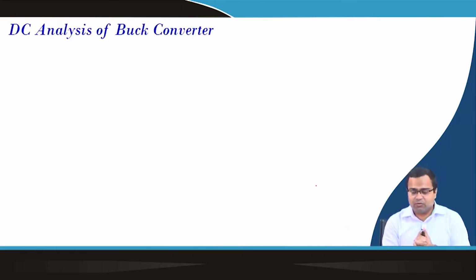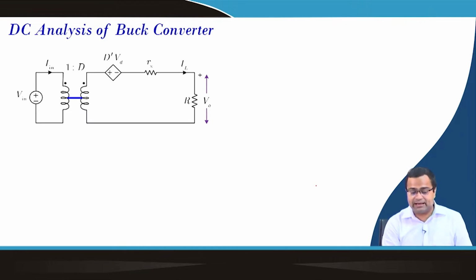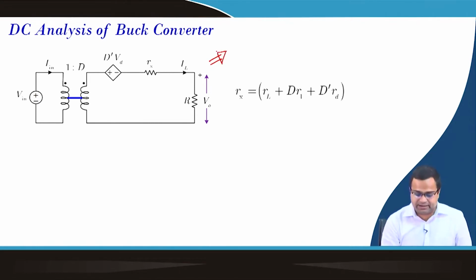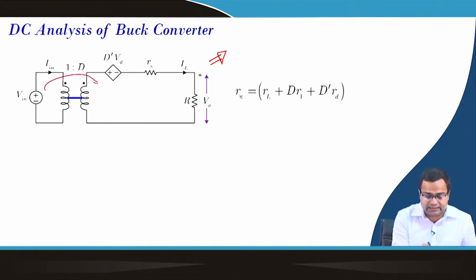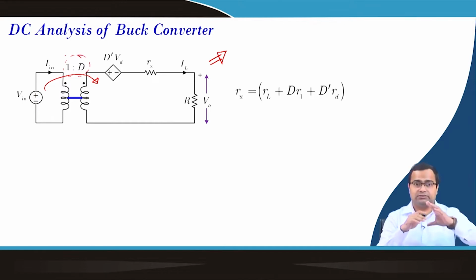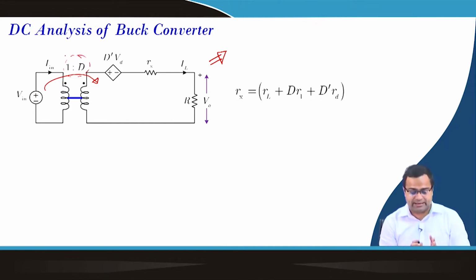Next, once we have the DC equivalent circuit, now we want to analyze. What can we analyze? We need to find out the voltage gain. This is a simplified form of the DC equivalent circuit. In fact, this circuit can be redrawn where I can take this source to this side by suitably taking into account the transformer gain, the voltage gain.